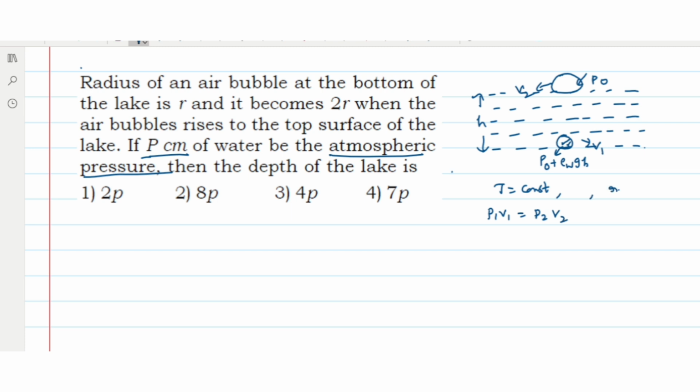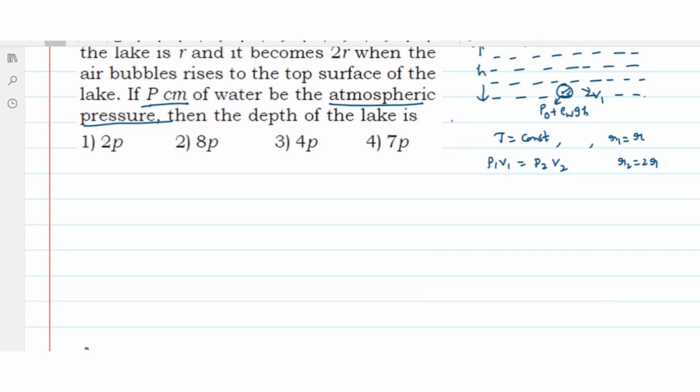Initially, the radius at the bottom is R1 equal to r. The moment it comes to the surface, its radius becomes twice, 2r. Now put these values in P1 V1.